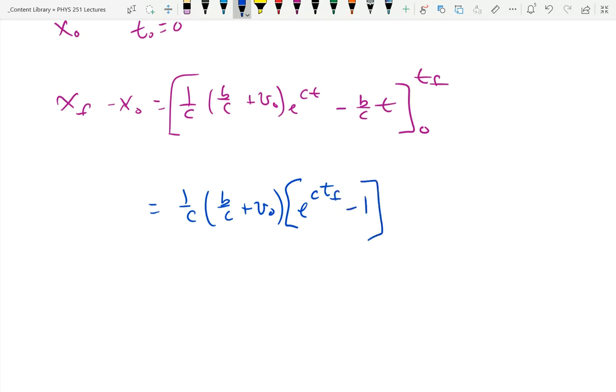So there I did the e to the ct limit, which is what's in the brackets. Why do you have to subtract the 1? Because e to the 0 is 1. Oh, you just really condensed everything down. That's e to the 0, which is what gave me the 1.